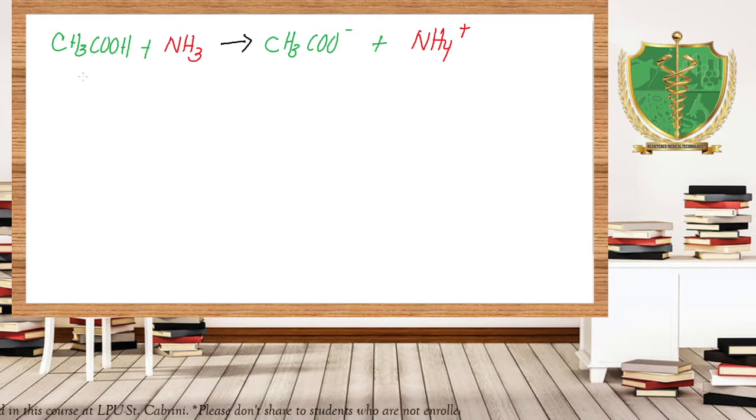So, this is our acid, and this is our acid. This is our acid and this is our conjugate acid, right? The next thing to do is to determine which of the following acids is a strong acid and which is a weak acid. Okay?